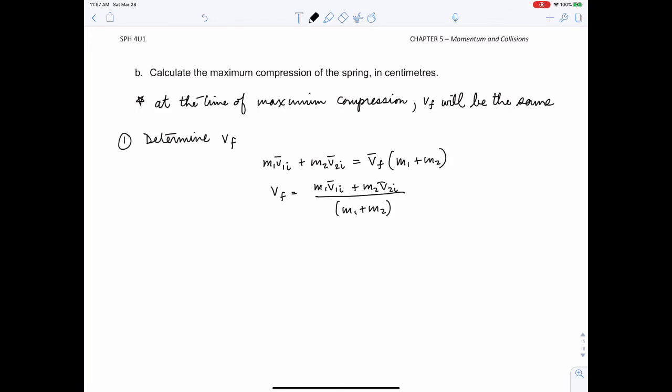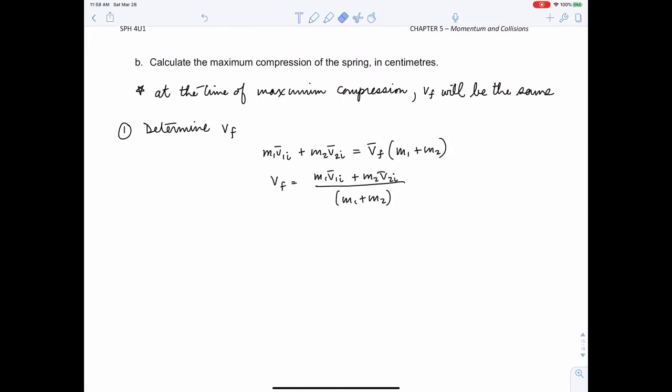Now we can sub in our values. So that's 1.8 kilograms times an initial velocity of plus 4 meters per second plus 2.2 kilograms times negative 6 meters per second.